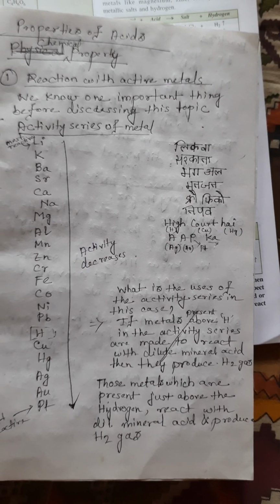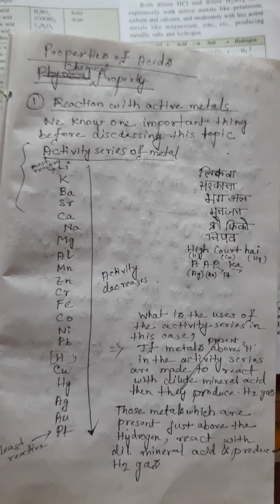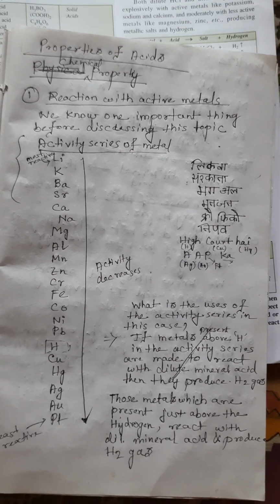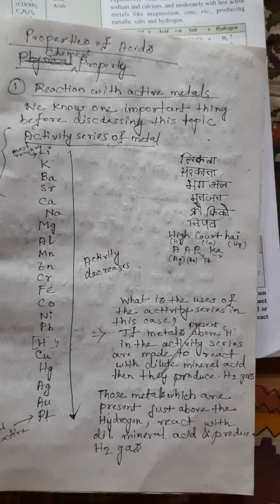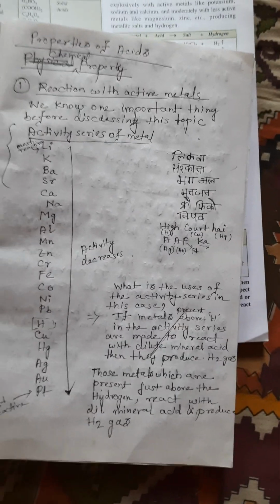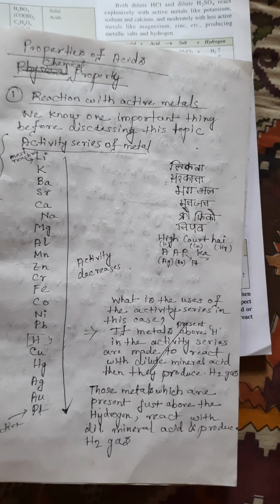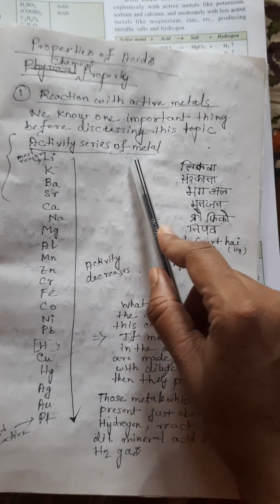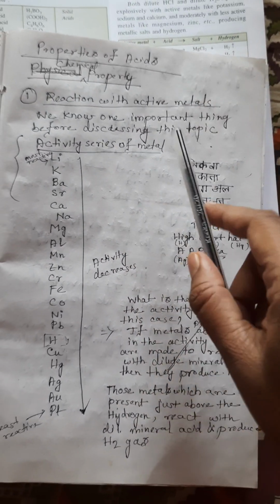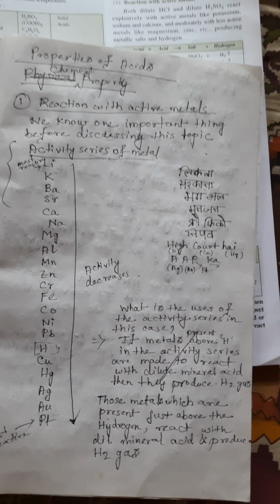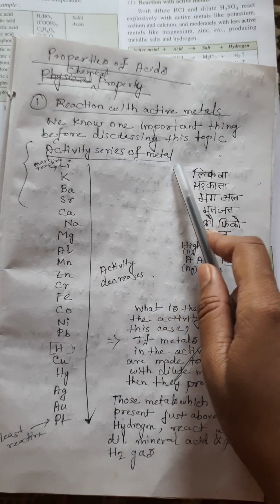Here are some important things that we must know. One important thing before discussing this topic is the activity series of metals. In class 8 and class 9 you have already read the activity series of metals.